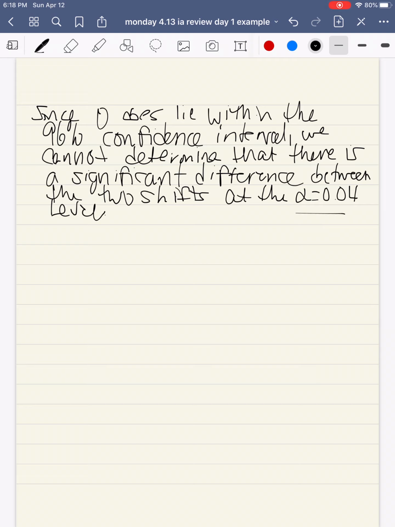So I got this 0.04 because the confidence level was 0.96 and the alpha is the complement of the confidence level, so we can just subtract that from 1. In a proportion test of difference, we normally would say for the null hypothesis that P1 is equal to P2, in other words, P1 minus P2 is equal to 0.